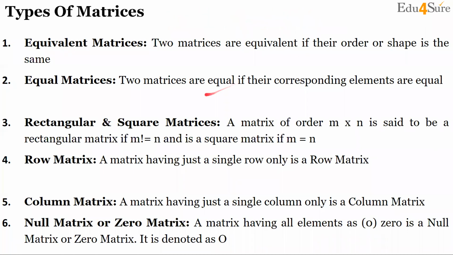Let's see about the other one. Equal matrix means matrices which are exactly the same, exactly equal, meaning their elements are also the same. For example, suppose this is the name of a matrix A, which is of 2 cross 2 order, and you have elements like 1, 2, 5, and 6.